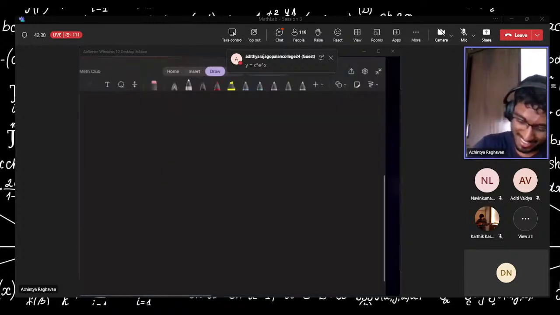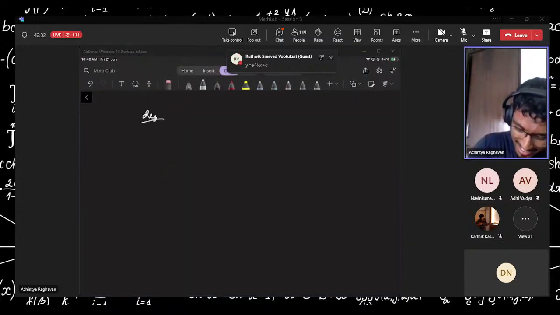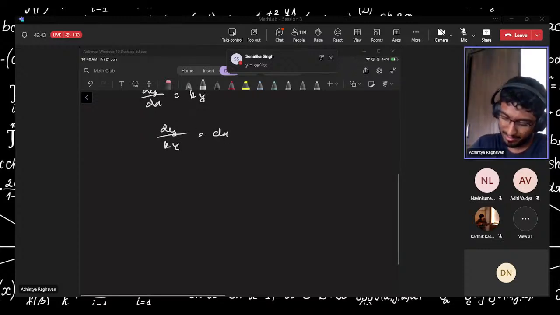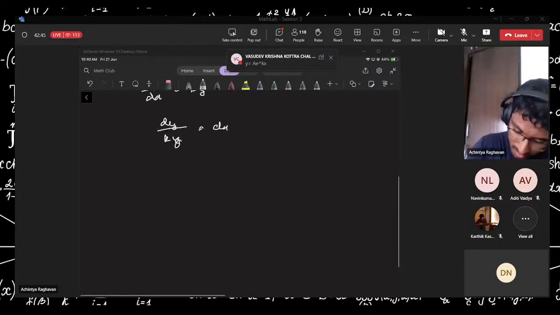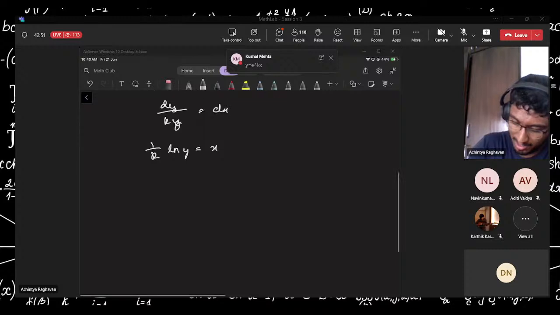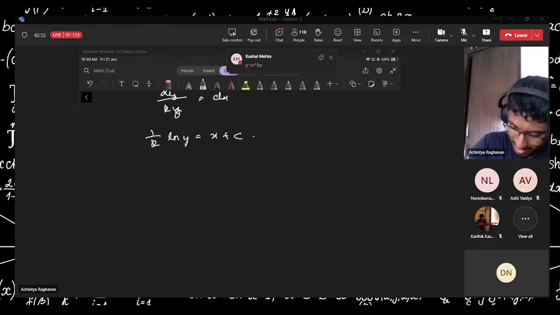So you can solve it from that. dy by dx is equal to ky. Simplifying, integrating, 1 by k ln y equals x plus c. Remember, the c comes here.